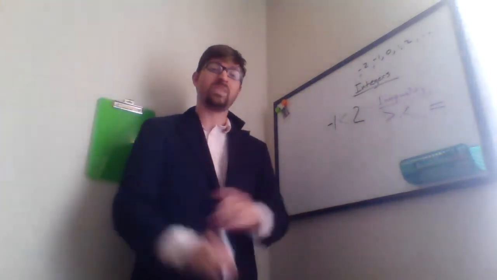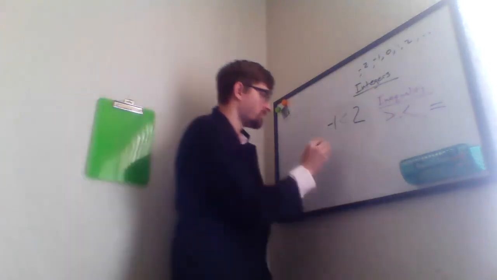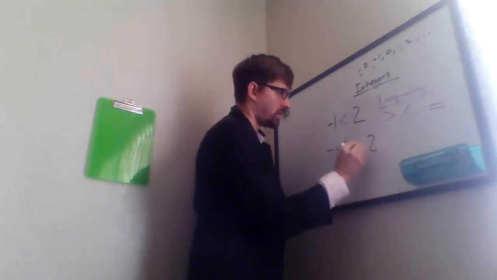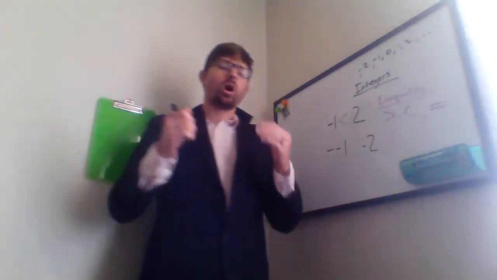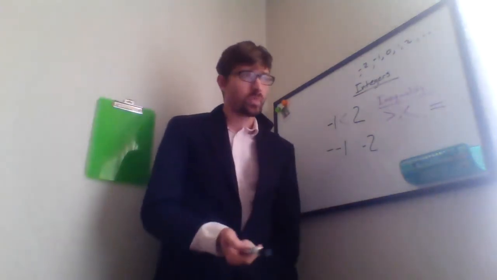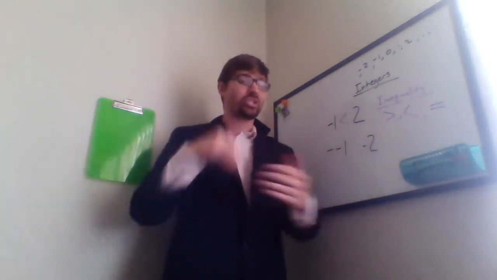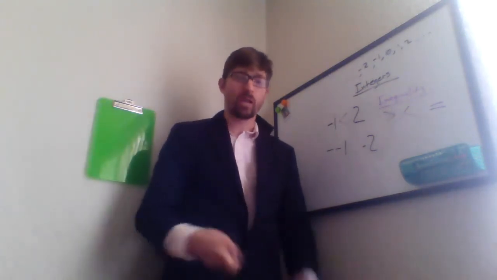Okay. Now, let's negate the expression. Okay? So, -1 and a -2. Now, according to our rule, whenever we multiplied it by a negative, or whenever we changed the sign, the inequality flipped, right?